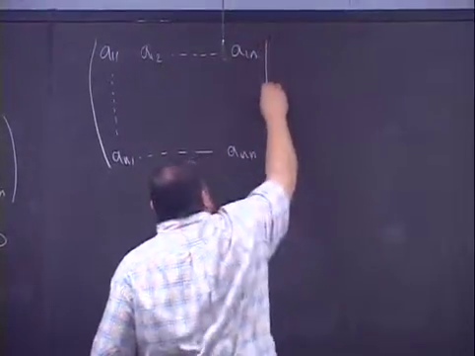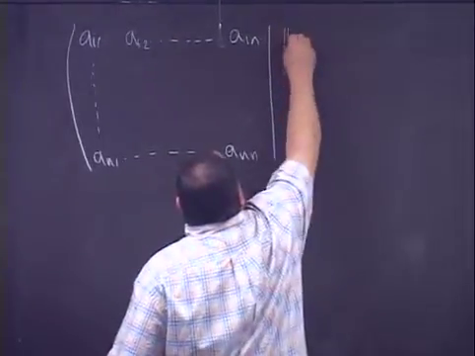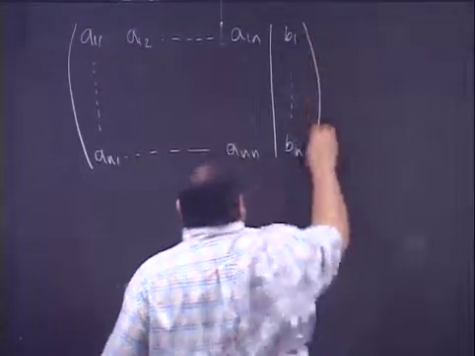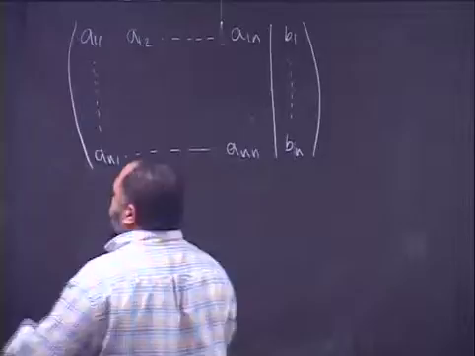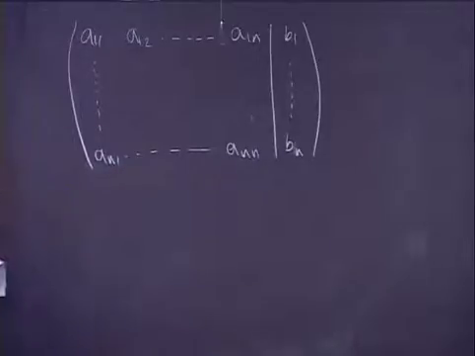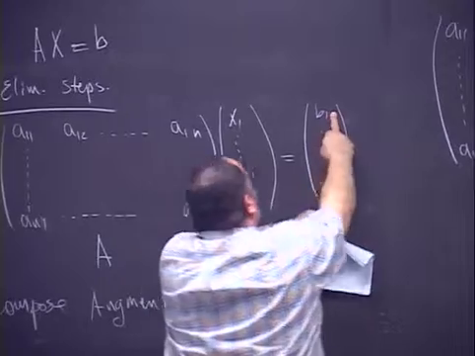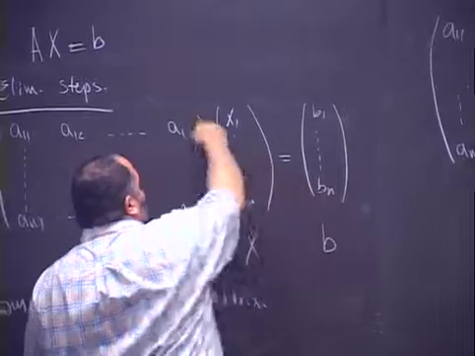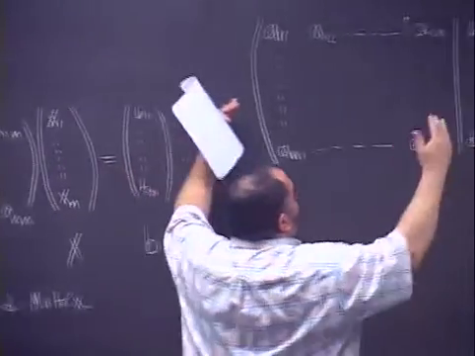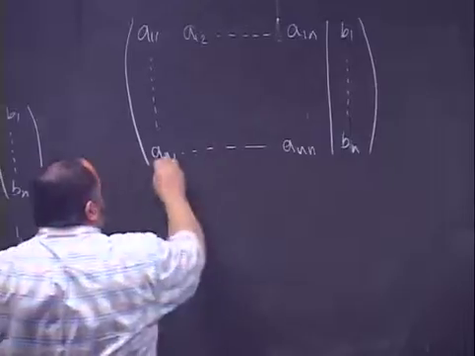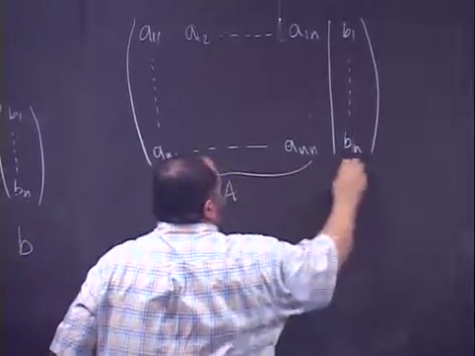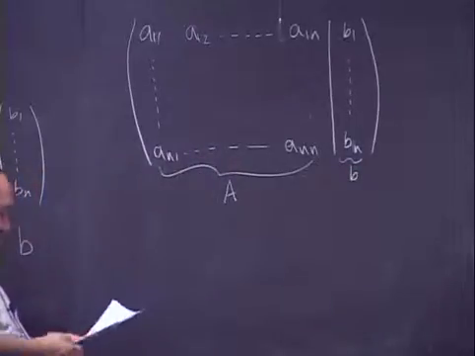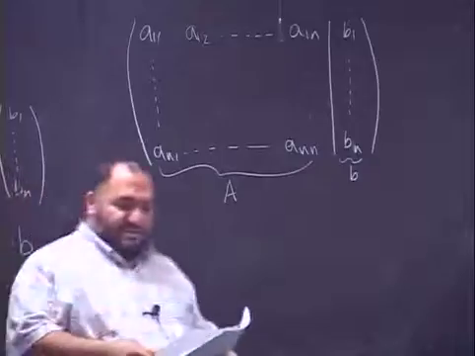Then we'll have a straight line like this, then we'll have B1 up to Bn, and this is the augmented matrix. So you have an augmented matrix that contains the matrix A and the vector B. And this is called the augmented matrix.